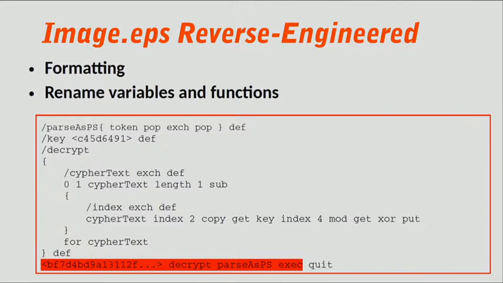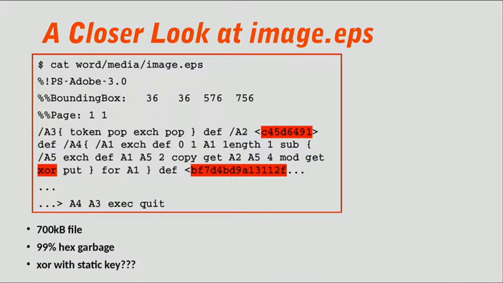But you can also do some small, quick reverse engineering of this image file. You can do some formatting, because before, this is basically one long line, which is not human readable at all.